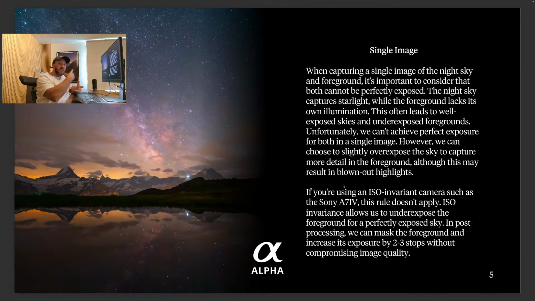We can bring up the brightness during post-processing without damaging the image, and it wouldn't be any different than if I'd done it in camera. The advantage is that you don't have to burn out any highlights, and you can mask during post-processing and bring up where you need it to be brighter.